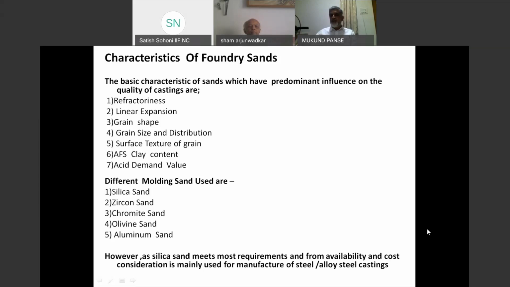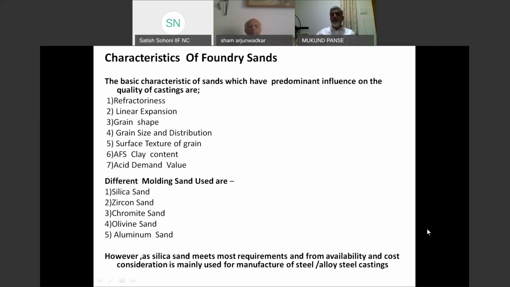The AFS clay content of the sand should be as low as possible. The clay will consume binder but will not contribute to the strength. Also, with more clay content, the sand will be more compact and expansion characteristics will be hampered. And last is acid demand value, which affects use of certain resin binders. So the acid demand value should be checked when certain resins are to be used.